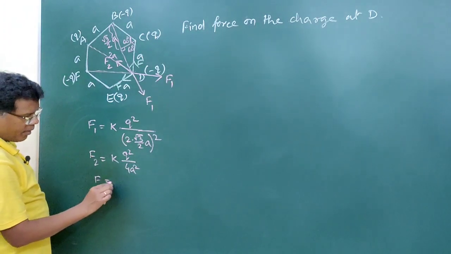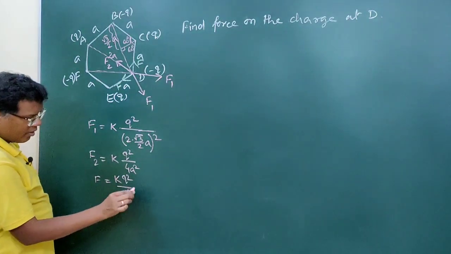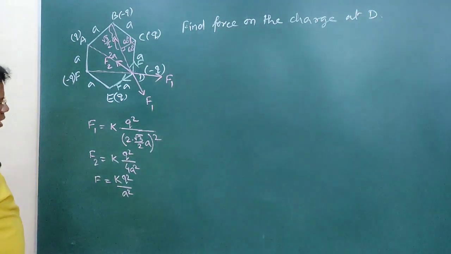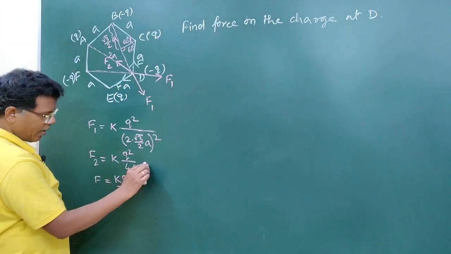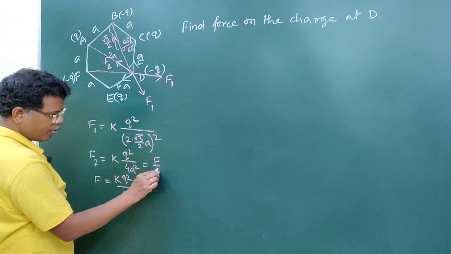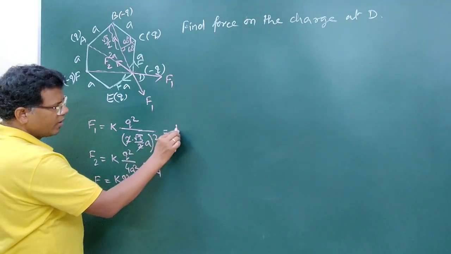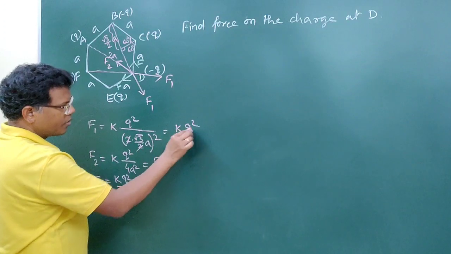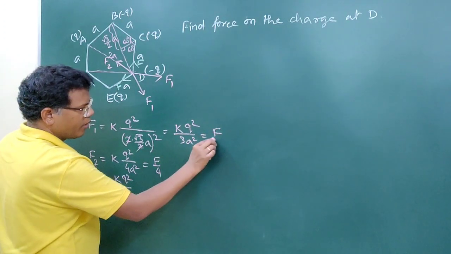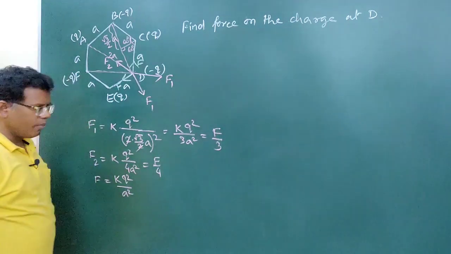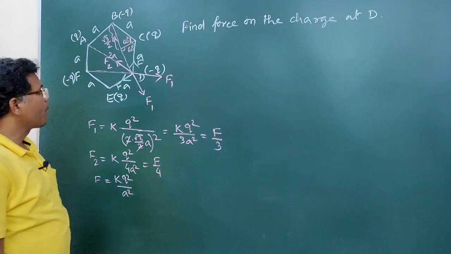And F is simply K Q square by A square. So all these terms can be simplified in terms of F. F2 can be written as F by 4, and here it will be K Q square by 3A square, which is equal to F by 3. So F1 becomes F by 3, F2 becomes F by 4.